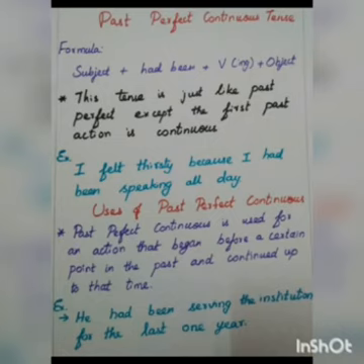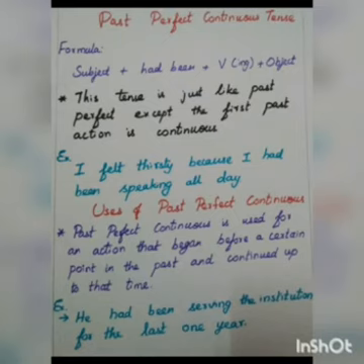Now we can see the uses of past perfect continuous tense. It is used for an action that began before a certain point in the past and continued up to that time. For example, he had been serving the institution for the last 1 year.